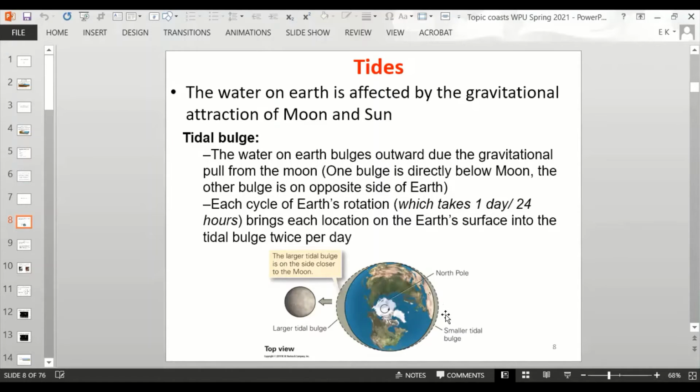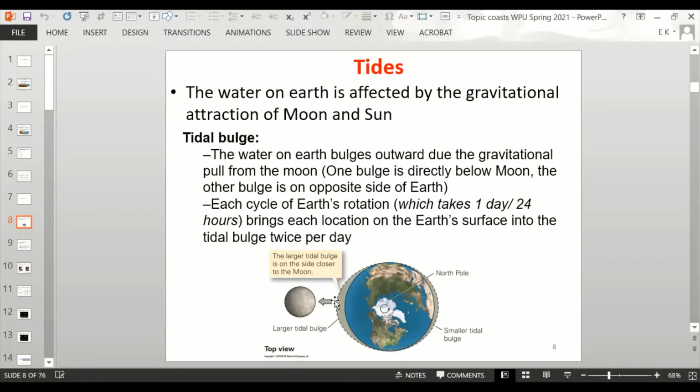On the opposite side of the Earth, there is going to be a bulge as well, related to equilibrium because of the spherical shape of the Earth. So you have this bulge pulling that way, and then this bulge on the opposite side of the Earth.